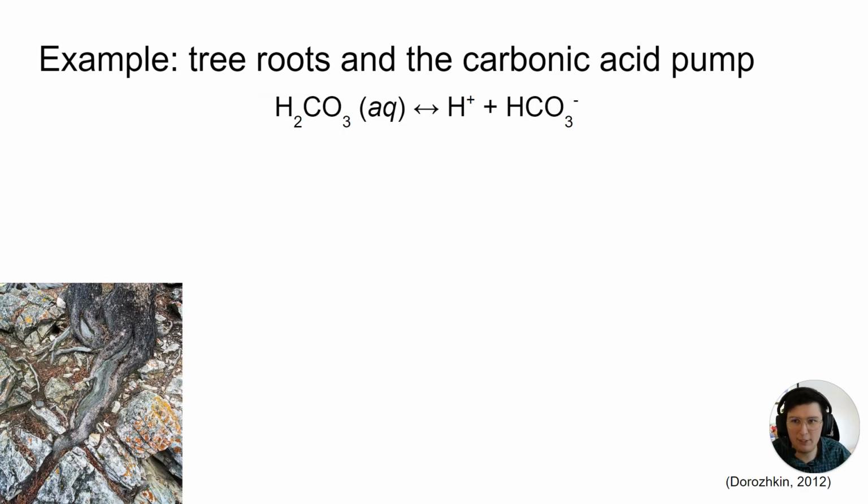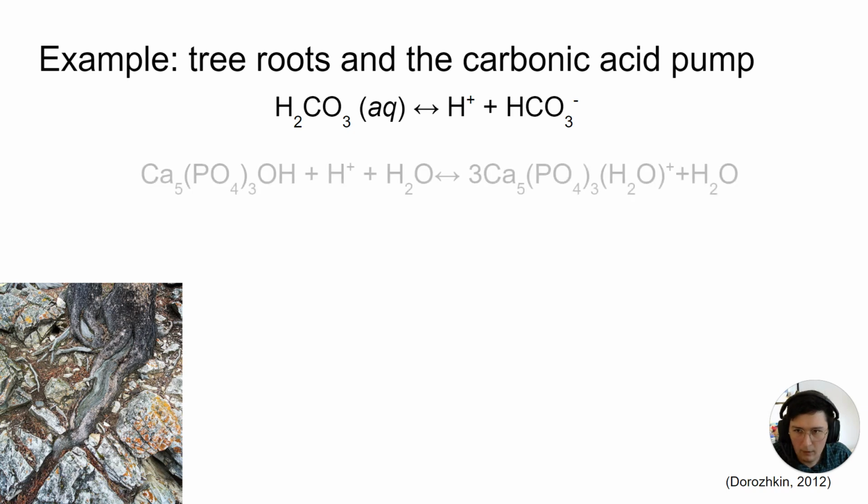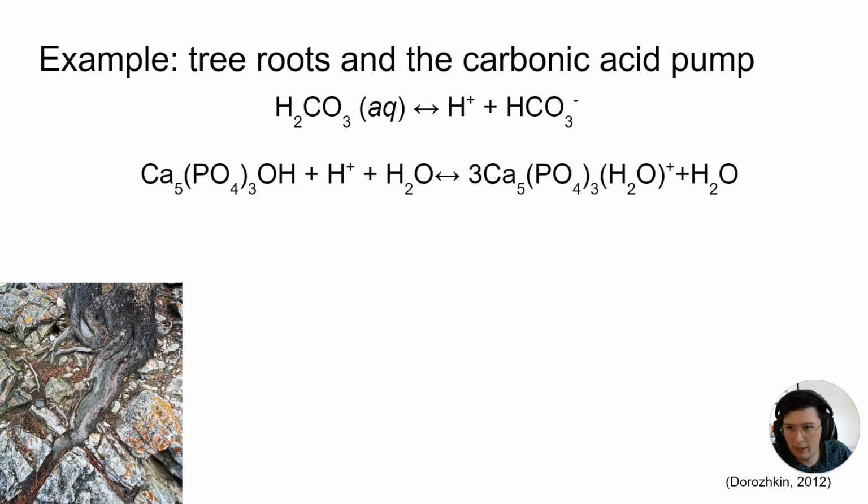So here is that carbonic acid, what's being formed from CO2 dissolving into water. And that's giving us a hydrogen ion and then bicarbonate in solution. So an apatite rock, like Ca5(PO4)3OH, can then interact with that increased acidity when it's in water.